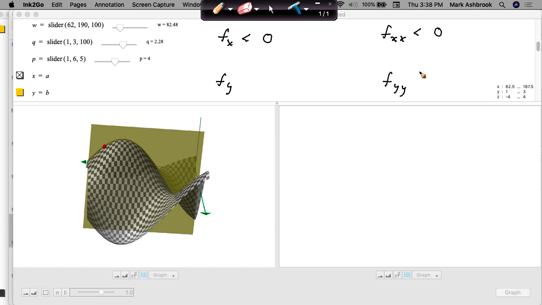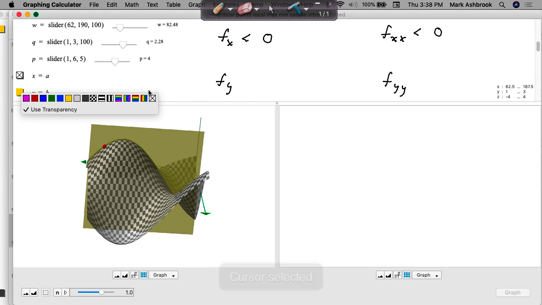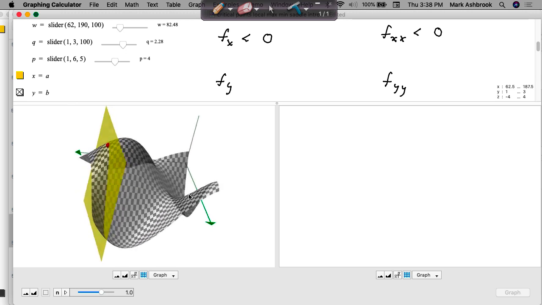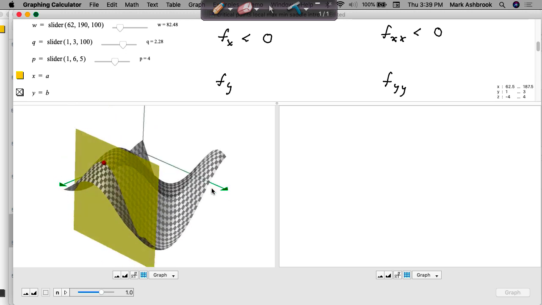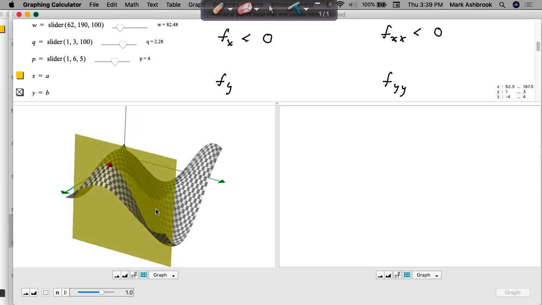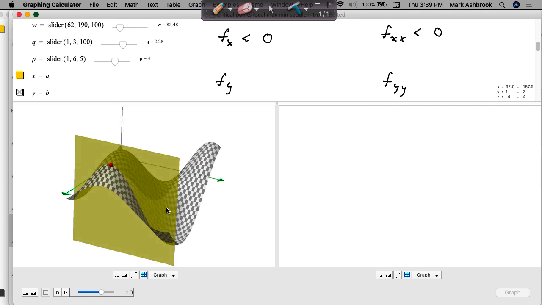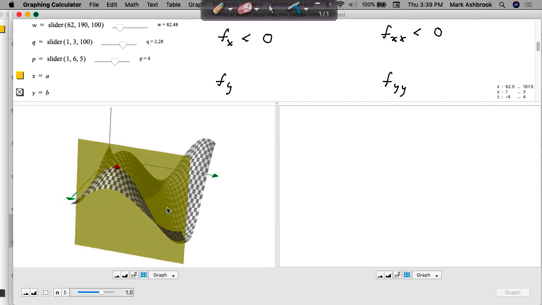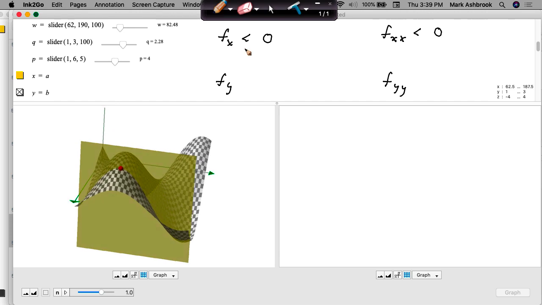Brandon over here, tell me about why. So the first partial with respect to y. How is z changing right there? Therefore, what's that? 0. Good.